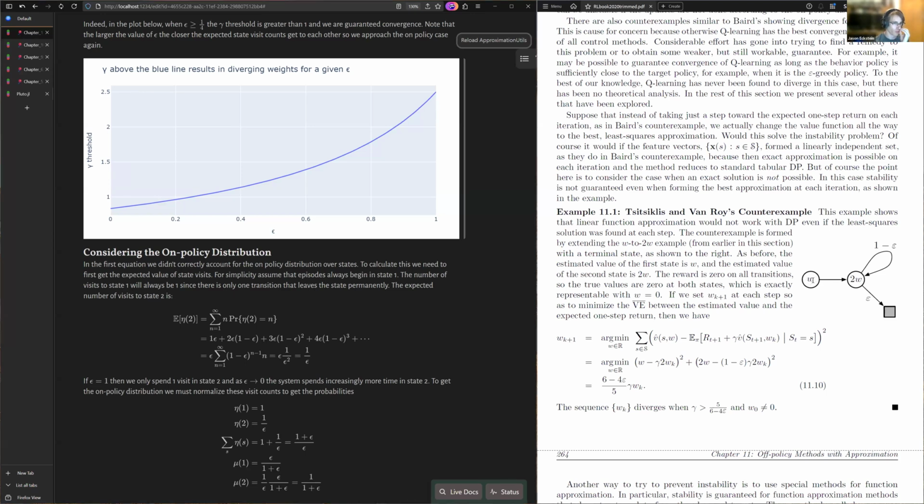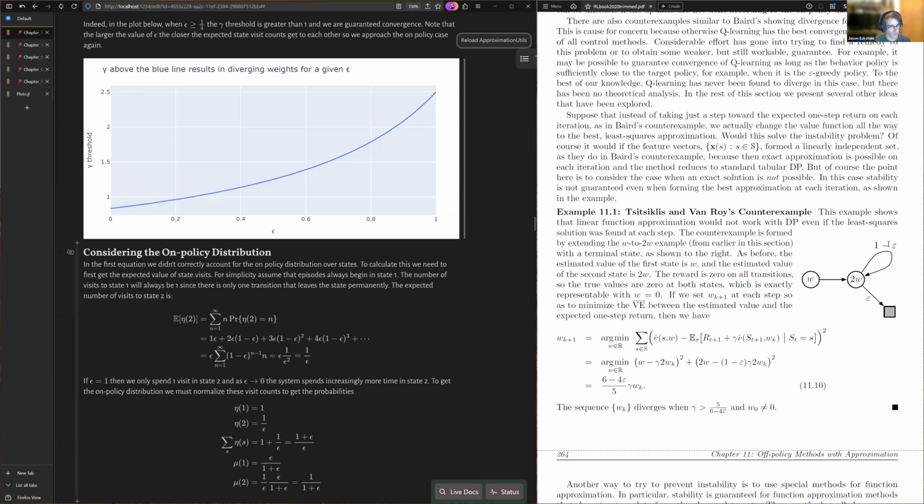So state 1 has 1 visit. And then the question is, what is the expected number of visits to state 2? Well, we can compute that expected value by taking the sum over all the possible visit counts n of n times the probability of the number of visits being n.